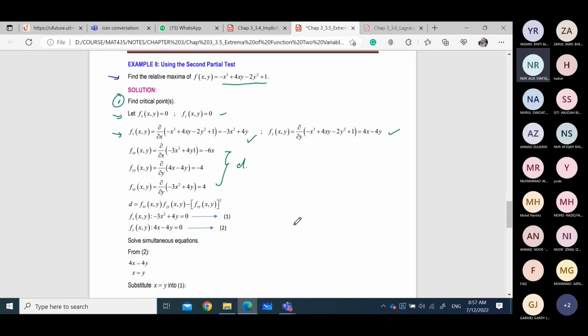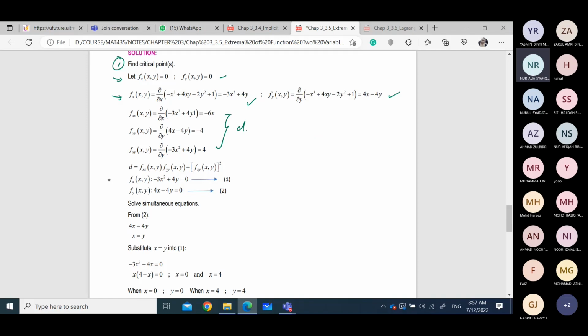Okay, so now after we set up, back to this one, kita pergi kepada critical point dulu. How to find the critical point? After we set the first order derivatives with respect to x and y as 0, we need to solve this simultaneous equation. For the first equation, we have negative 3x squared plus 4y equal to 0. And the second, the partial derivative with respect to y on the surface, is 4x minus 4y equal to 0.